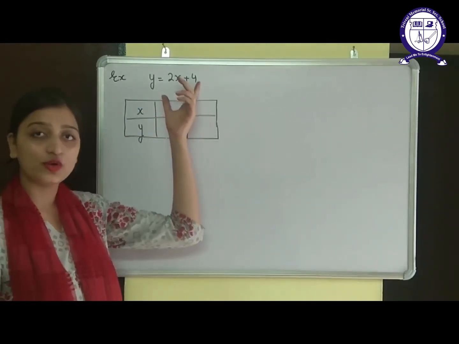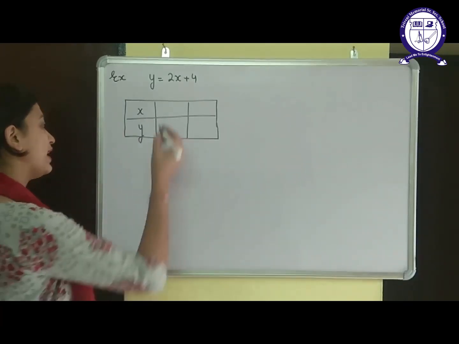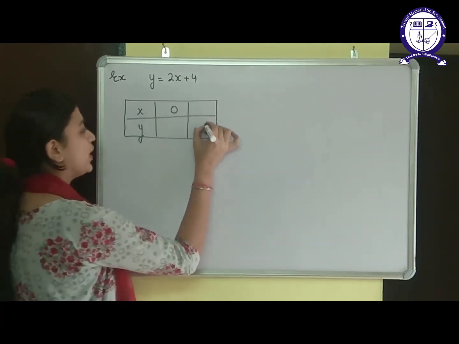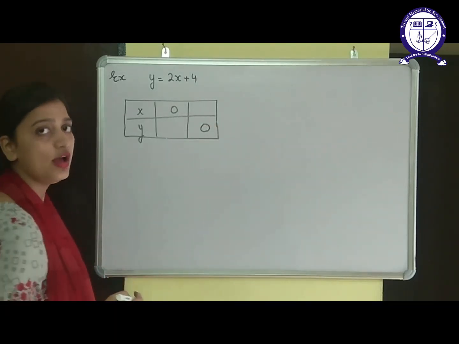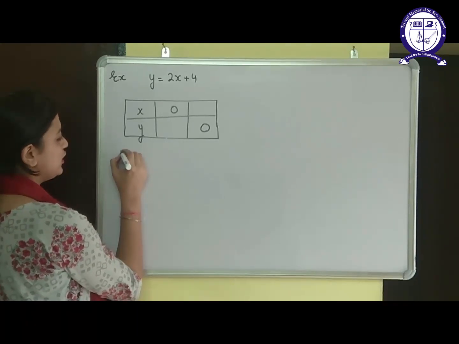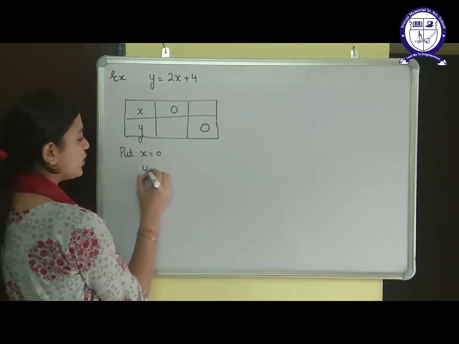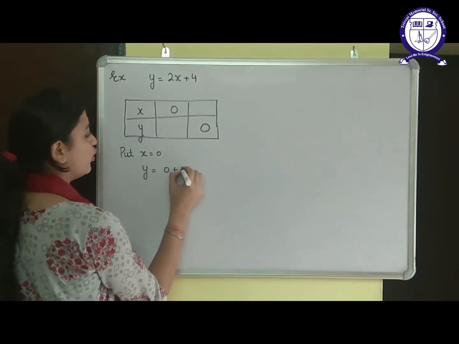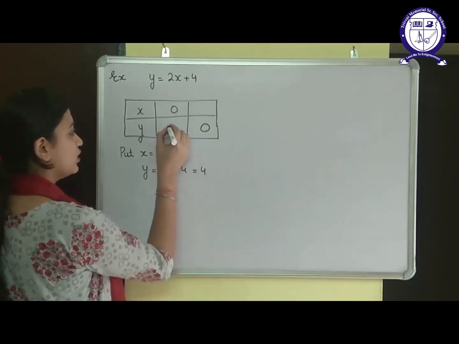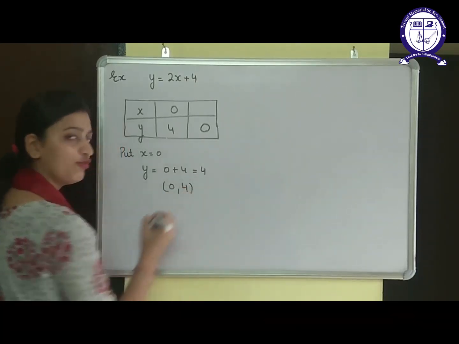In this type of equation, whenever I have 3 terms, I will put one as x equals to 0 and the other as y equals to 0 because it's the easiest way to do it. For x equals to 0, y will be equal to 0 plus 4, that is 4. So my first solution is 0, 4.